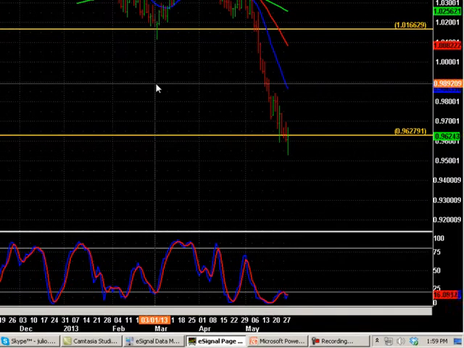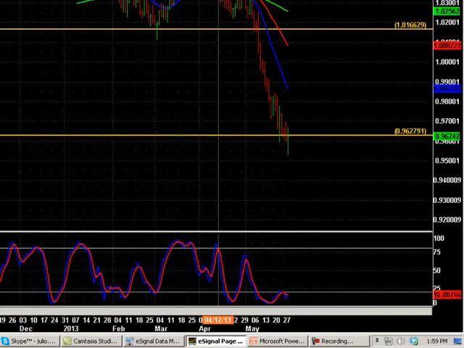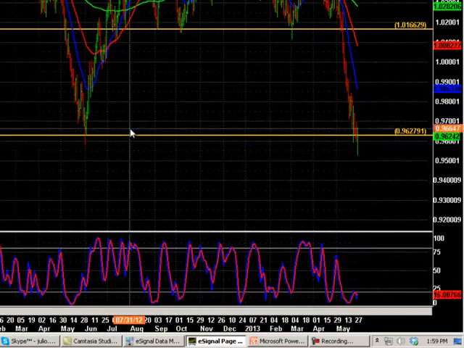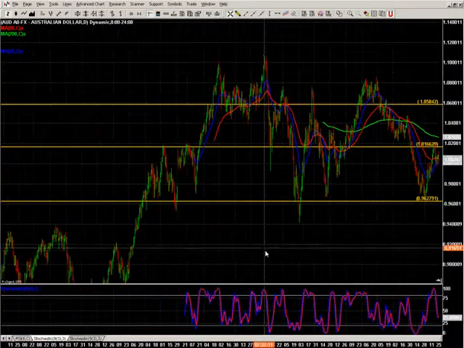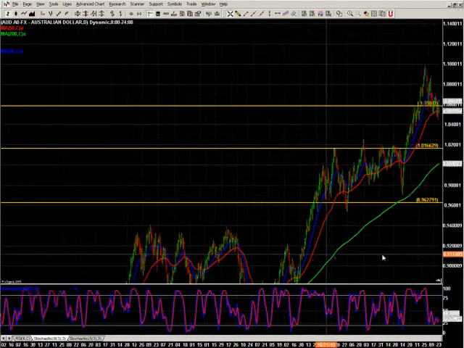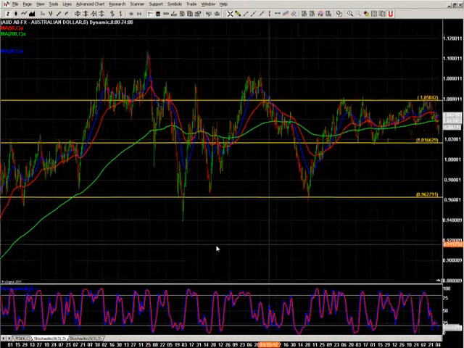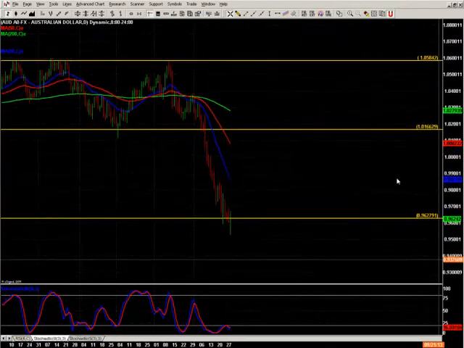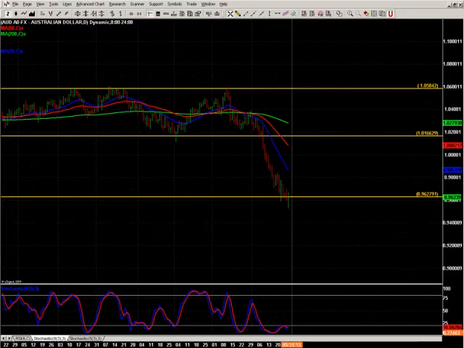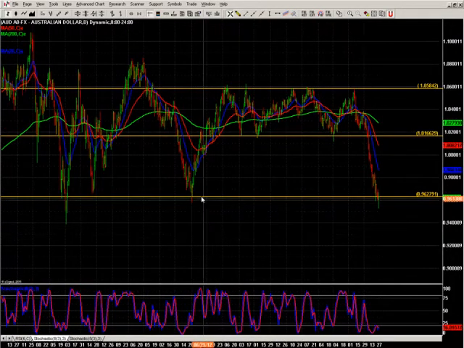We've got Australian dollar here on the daily chart, as we know had a big sell-off, big rally to the downside. Now it's currently sitting on this crucial level down here, and it's giving a low test bar, bouncing off this level down here.